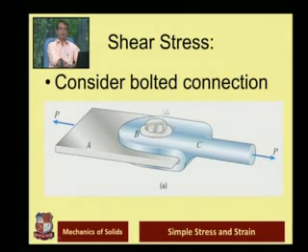Now which component is actually facing the resistance? It is common sense that whenever we apply force like this, the force will act on the bolt, and the bolt will give the resistance.